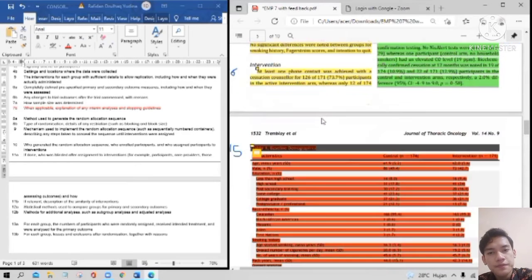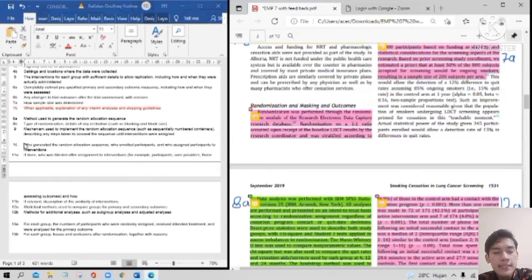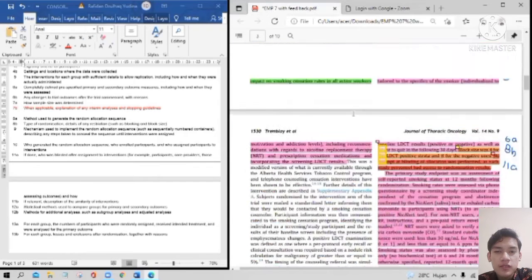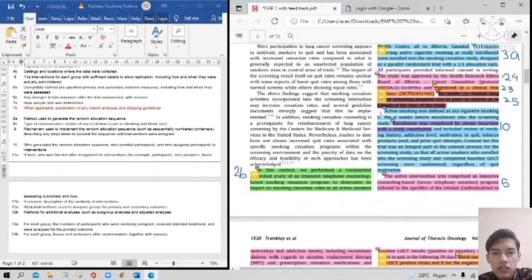Next, for number 10, who generated the random allocation sequence, who enrolled participants, and who assigned participants to interventions. You can see enrollment was completed by phone interview with a study coordinator.